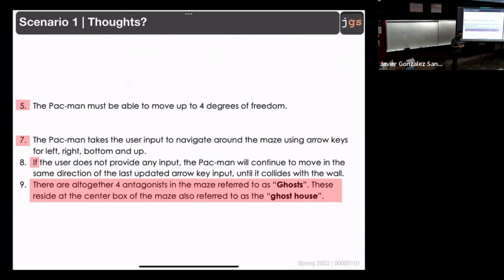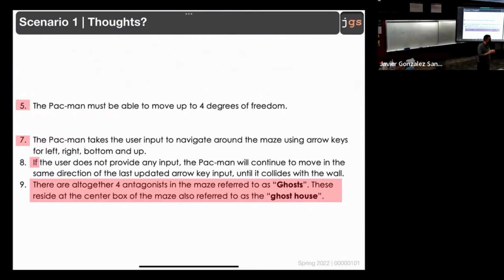A description of. Let me tell you my grading feedback. I think that the number 5, as you agree with me, is a functional requirement. We can have an issue there with the 4 degrees of freedom.